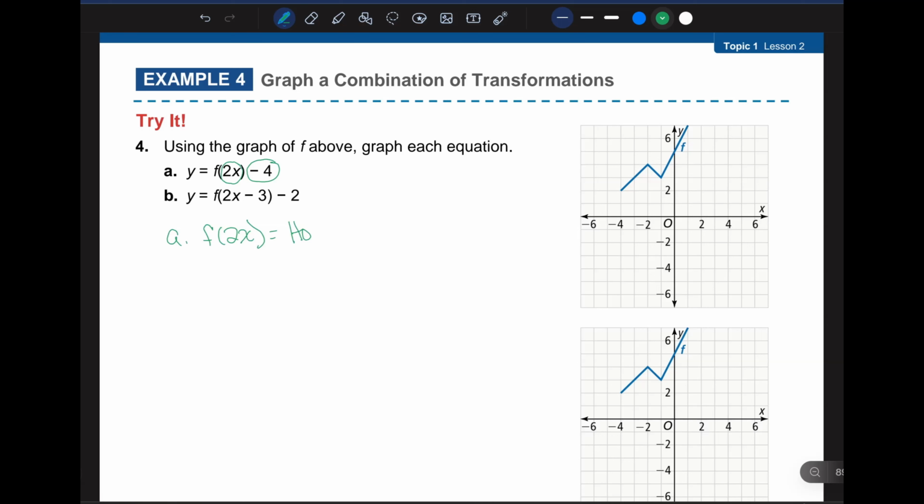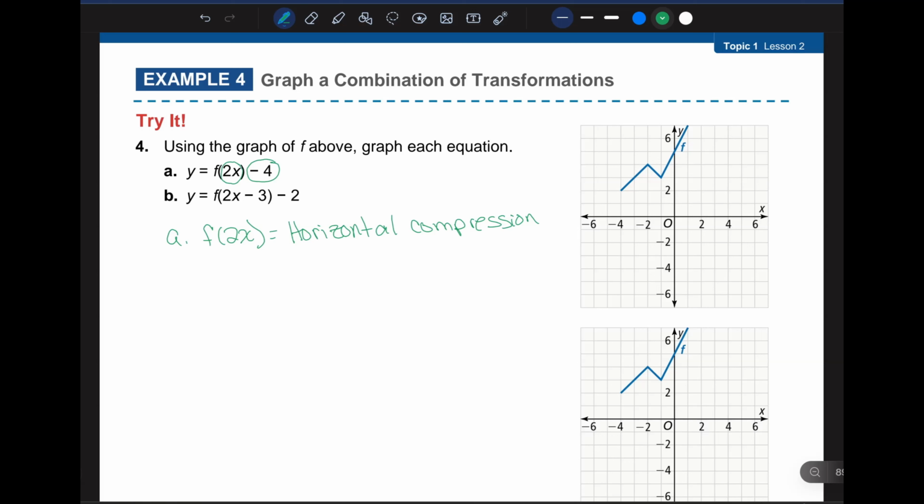Now, since I'm multiplying by 2, I want to say that it's a stretch, but it's not because this is something horizontal. So I know that this is a compression or a shrink, okay, by a factor of 2. Now, because I'm doing the opposite, I know that I'm not going to double my x values.